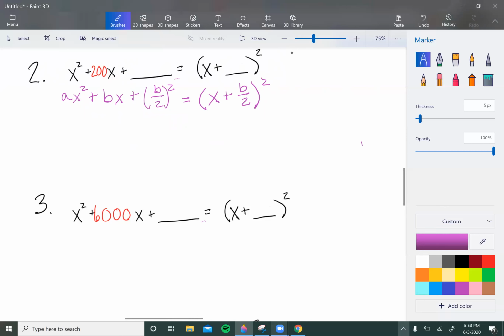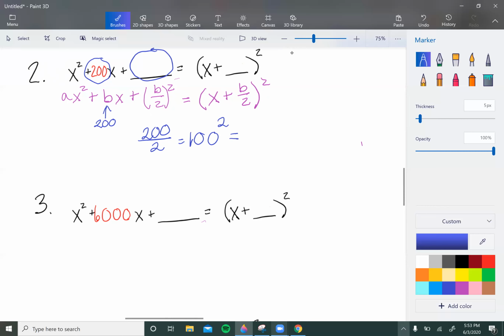Easy enough. So if we go ahead and fill in the blanks, we have a b value of 200. And so to find the value that goes in this spot, we have 200 divided by 2, which is 100, squared.